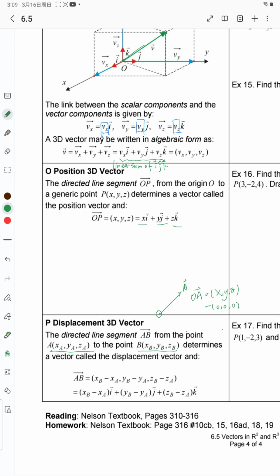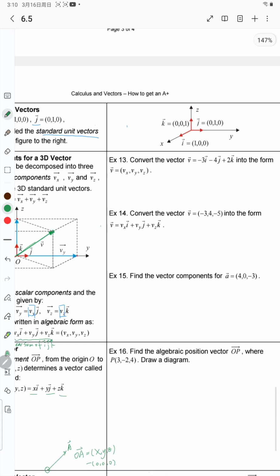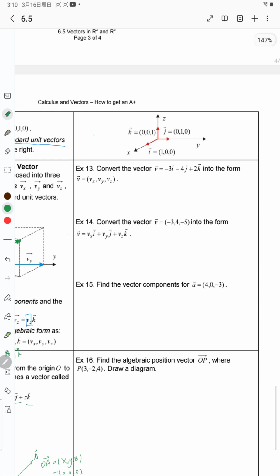Yeah, and of course, you can either write it in a Cartesian form, like this form, the coordinates, or you can specify the vector directions here, here, and here, right? And then it's scalar. All right, so not bad, not bad.